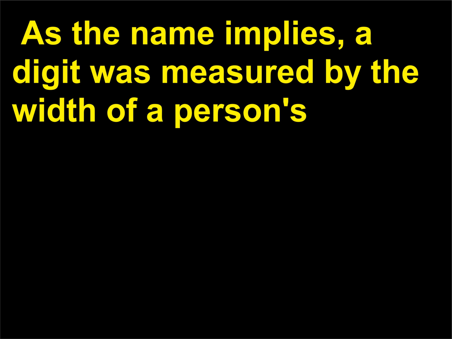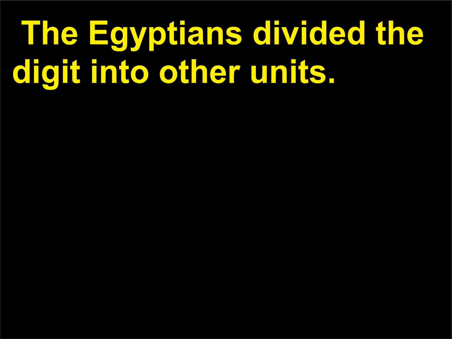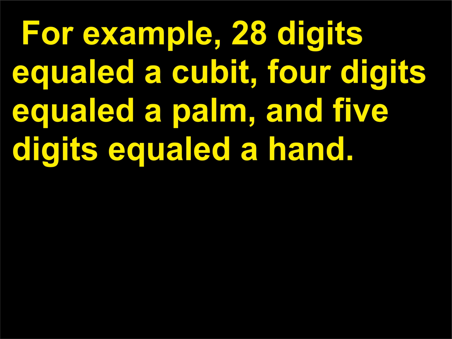As the name implies, a digit was measured by the width of a person's middle finger and was considered the smallest basic unit of length. The Egyptians divided the digit into other units. For example, 28 digits equaled a cubit, 4 digits equaled a palm, and 5 digits equaled a hand.